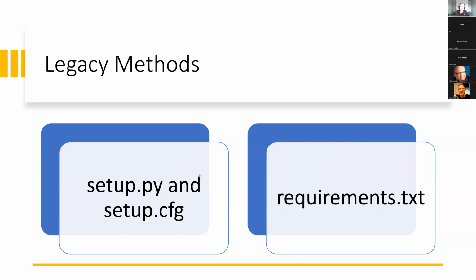I'm sure a lot of you have seen those in projects before. And then another common thing is a requirements.txt file. On each line in that is a requirement, another library that's needed to run a program. And you can also tell in that requirements.txt file what version of the library needs to be installed. I'd say those are kind of like legacy methods. And we're moving towards newer file formats that can replace those and have a lot of advantages.